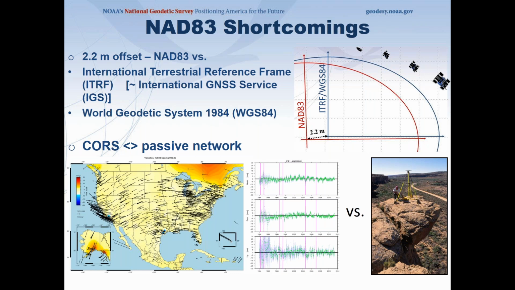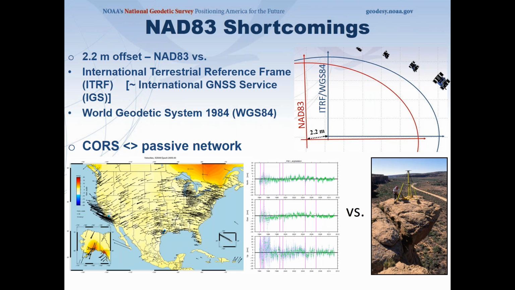We know that there's an offset between the NAD 83 and the ITRF of 2.2 meters. So we have to take care of that problem, and we want to adopt our new datum to be in line with the ITRF.